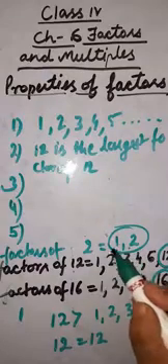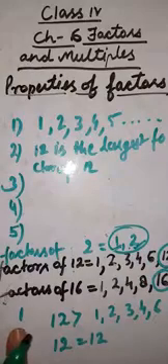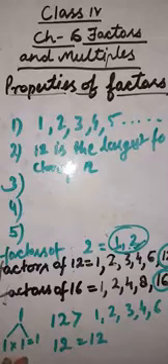You can see here 1 and the number itself. 1 has only one factor, that is 1. 1 multiplied by 1 is equal to 1. So every number except 1, all our counting numbers 2, 3, 4, 5, 6, 7, 8, 9, we can find the factors of these numbers.